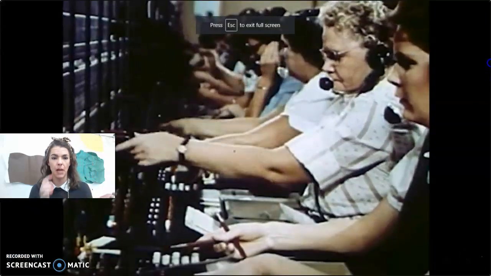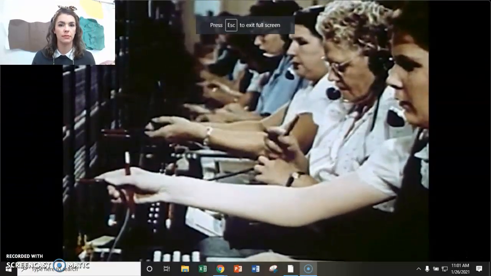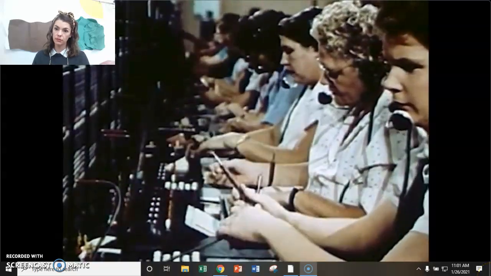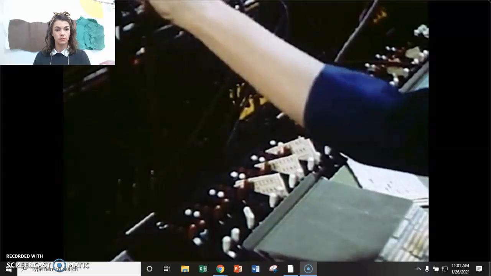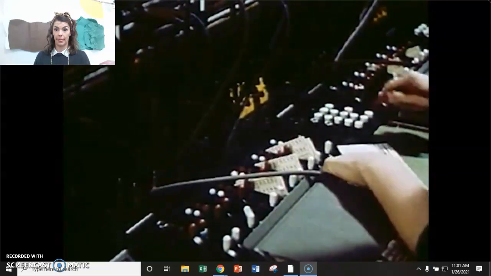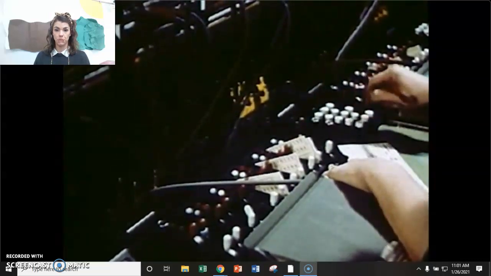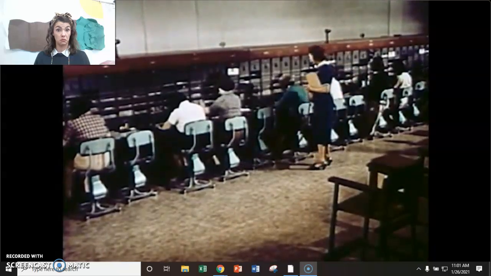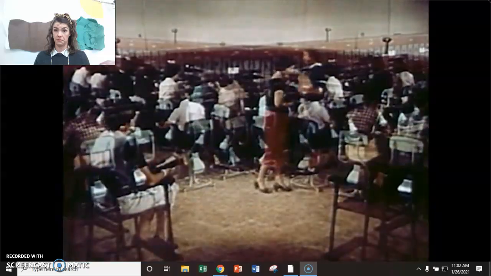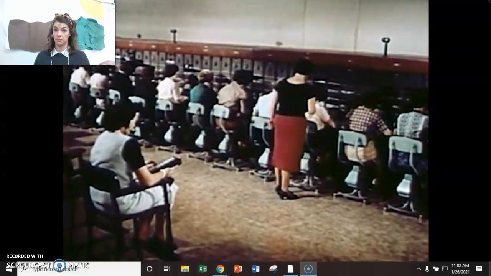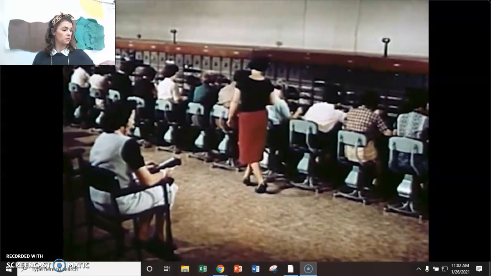Like the operators who handle telephone calls in my town. Here in the central office, you can feel the pulse of the community. The flashing lights on the switchboard reflect the activity of the town. It begins to stir in the early hours of the morning. Your name and number? It reaches its peak in the rush hours of daytime.